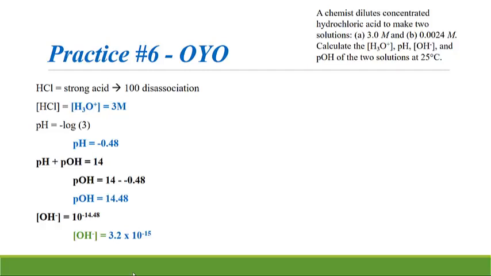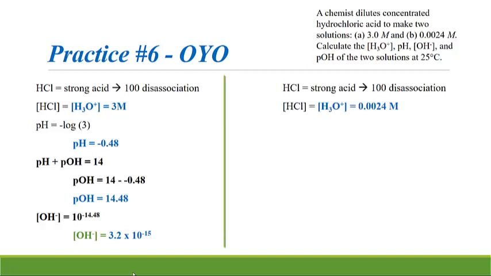Okay, let's look at part 2, where we have a 0.0024 molar. Same thing, we know it's 100% dissociation, so we take the negative log of 0.0024 and that gives us our pH. Okay, it's a really small value, so our pH is much larger than it was last time, right?